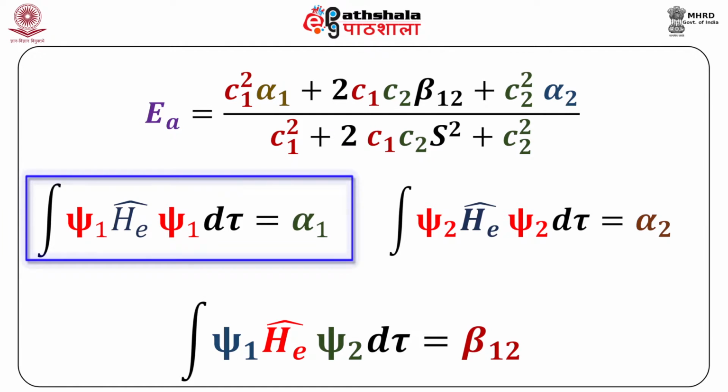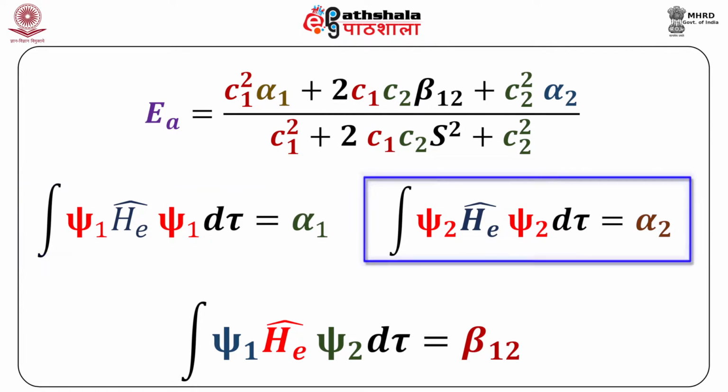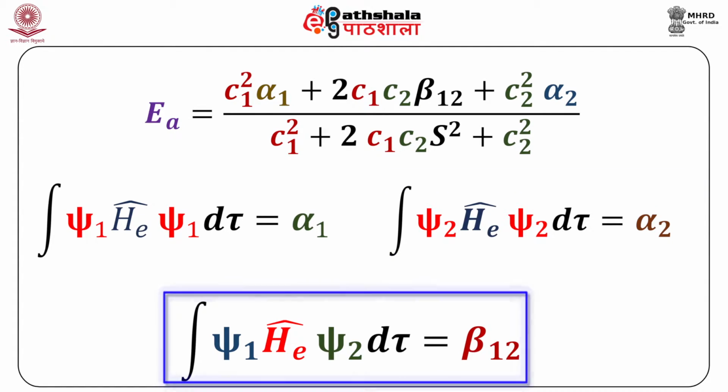Here alpha 1 is the integral psi 1 He cap psi 1 d tau, and alpha 2 is the integral psi 2 He cap psi 2 d tau, and then we have beta 12, which is the integral psi 1 He cap psi 2 d tau.